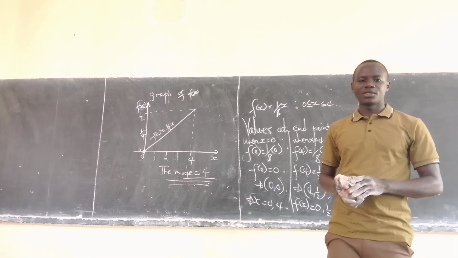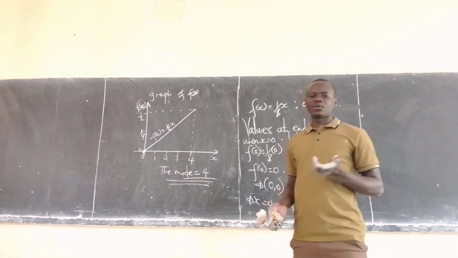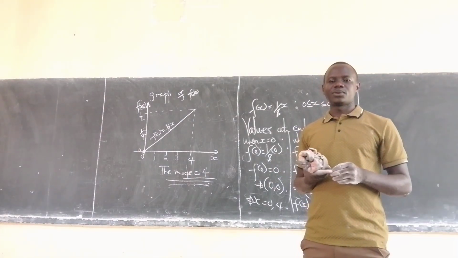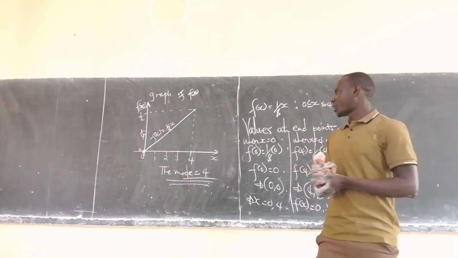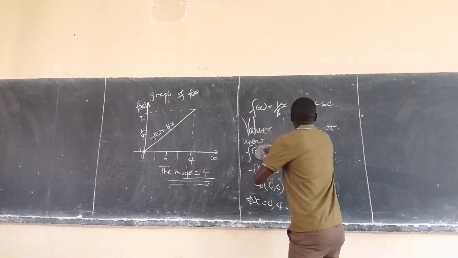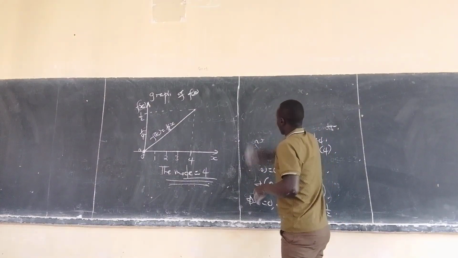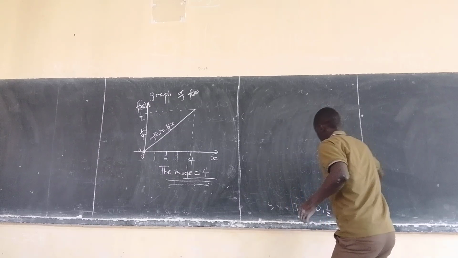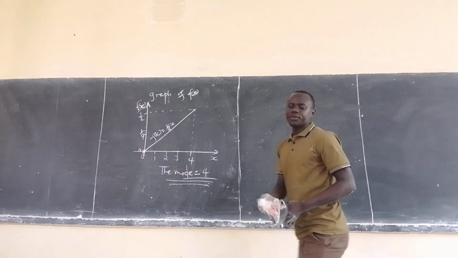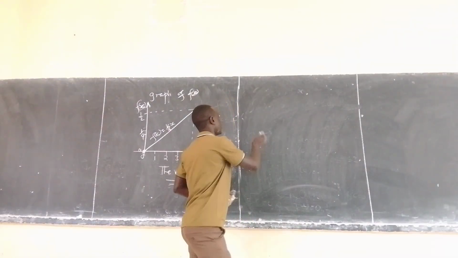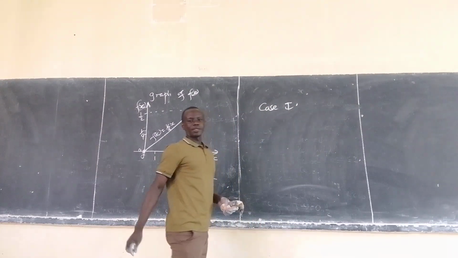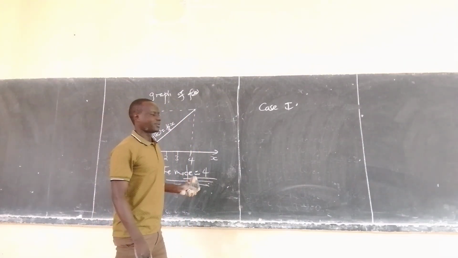So you may not exhaust all of them, but at least we are going to have a demo, and in case you meet such a question, you will be able to answer it. Now in the first case, case 1, I may not exhaust all the cases, but at least we can refer to it.